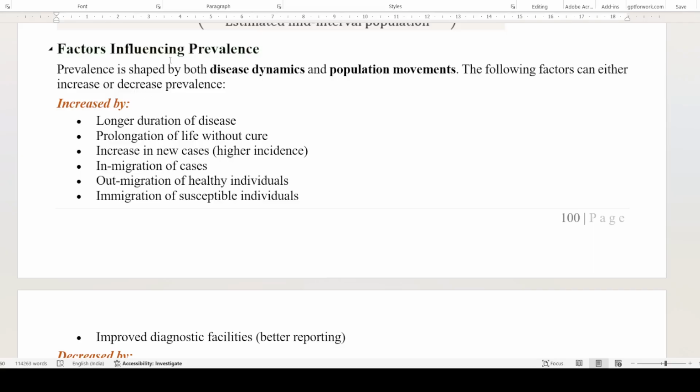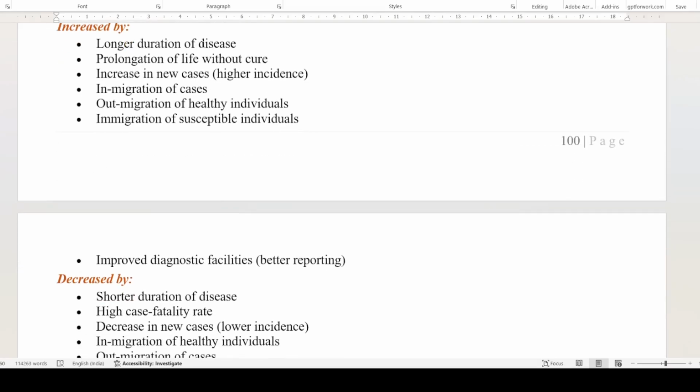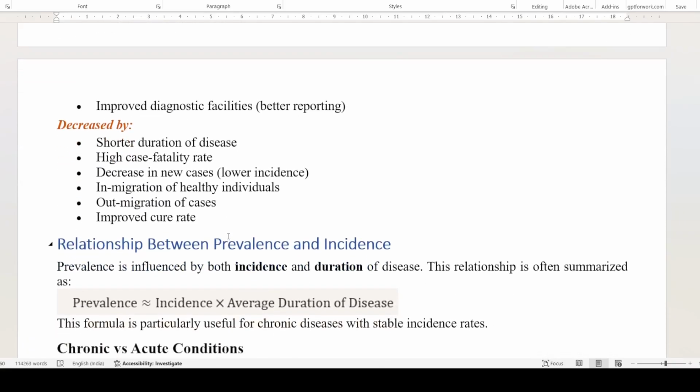And this prevalence can be increased by longer duration of disease, prolongation of life without care or cure, increase in new cases, immigration of cases, out migration of healthy individuals, immigration of susceptible individuals, and improved diagnostic facilities.